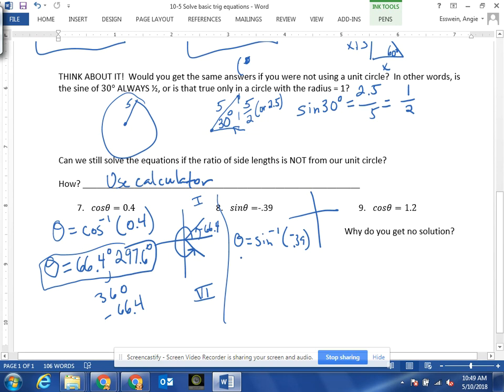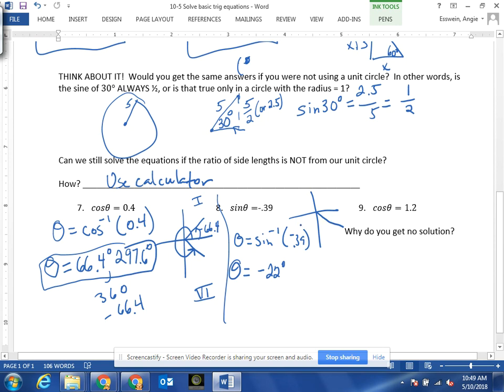Inverse sine of negative 0.39 should give you a negative answer. Negative 22 degrees, right? So about negative 22 degrees. That angle is right here if you rotate in the negative direction.